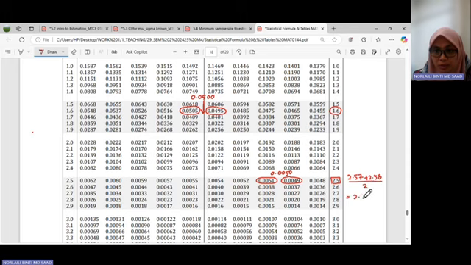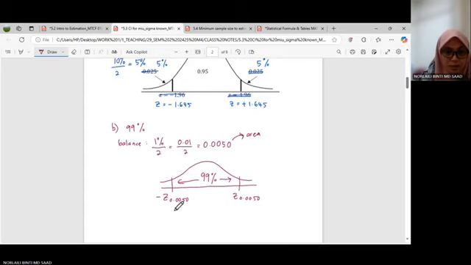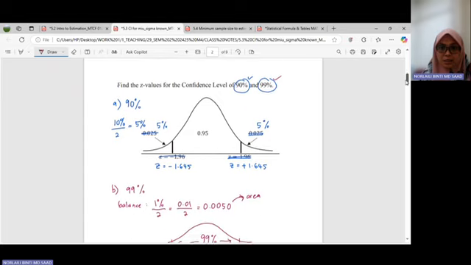Therefore, you will get 2.575. So you'll have negative 2.575 and positive 2.575. Clear? This is how to find the Z values for the confidence levels of 90% and 99%.